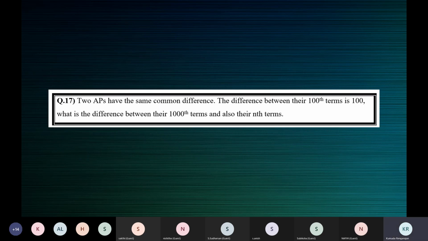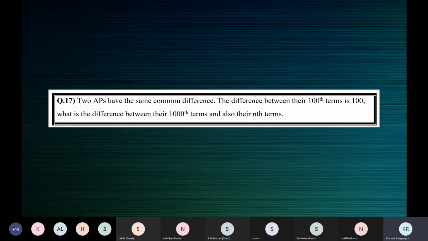2 APs have the same common difference. See, when we talk about APs, it's only the first term and the common difference. So if 2 APs have the same common difference, that means their first terms are not the same, because if they were the same, it would be the same AP.